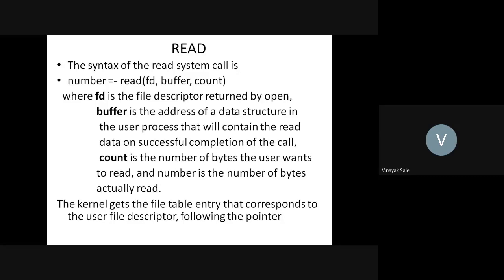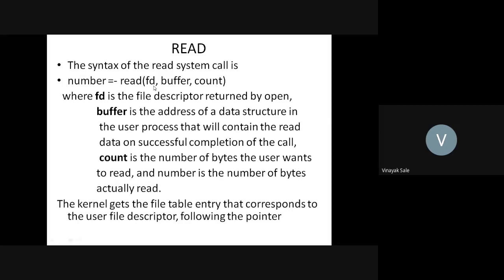Buffer is the address of the data structure in the user process that will contain the read data on successful completion of the call. Count is the number of bytes the user wants to read, and number is the number of bytes actually read.